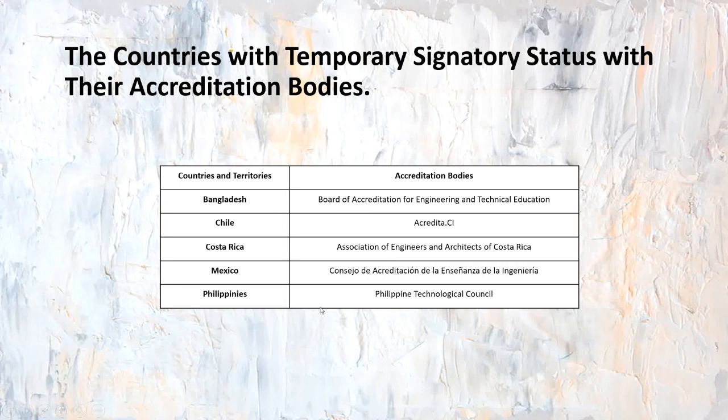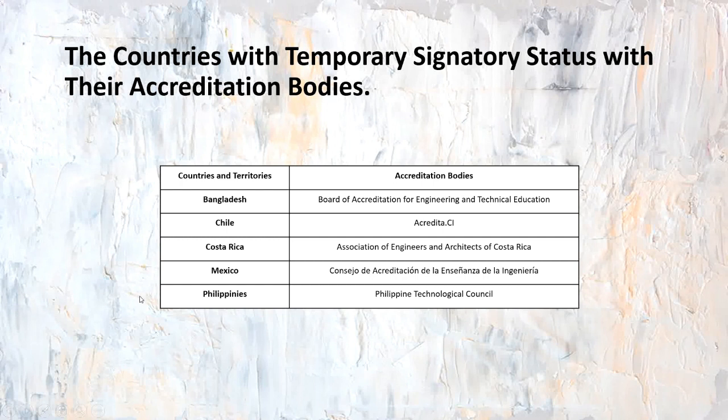Apart from the countries listed before, there are also countries with temporary signatory status. The table here shows the countries with temporary signatory status with their accreditation bodies.